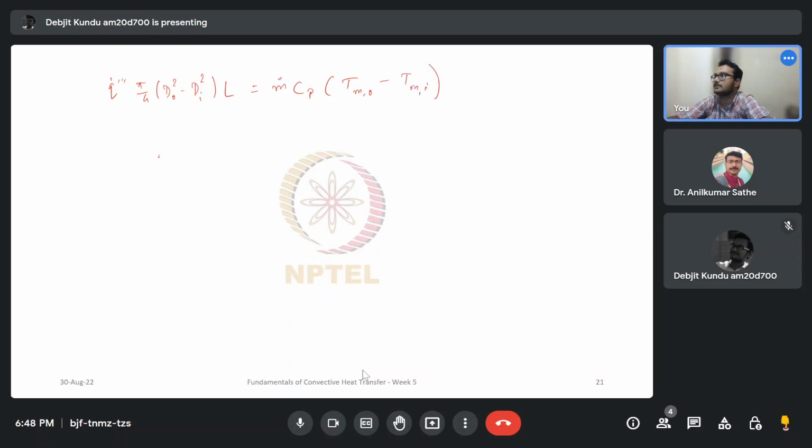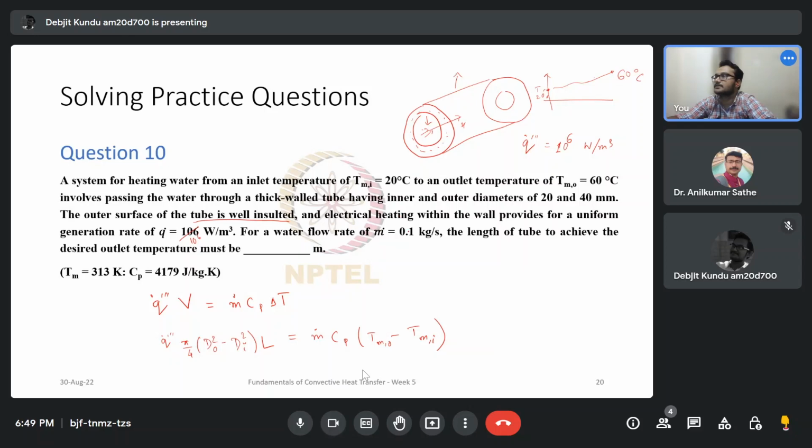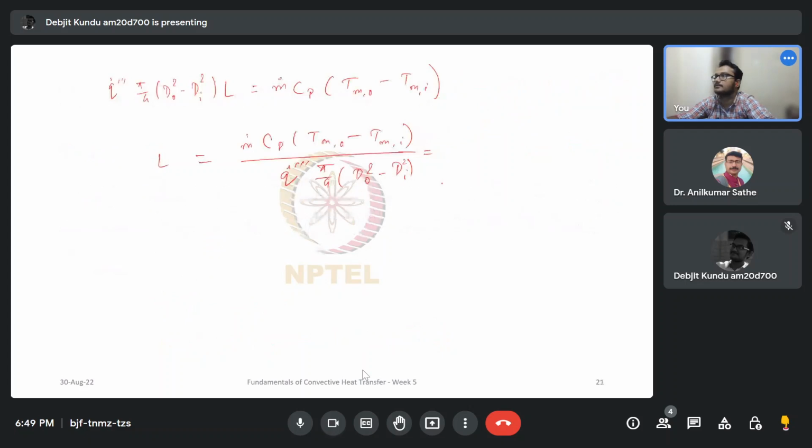We simply have to find out L. So let's put everything over there. m dot is 0.1, Cp is 4179, into 0.1 times 4179. The temperatures were 60 and 20.